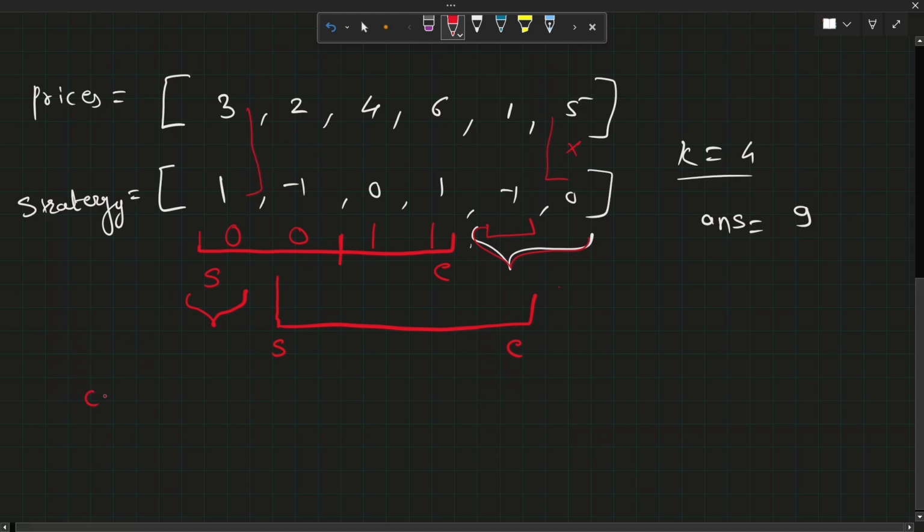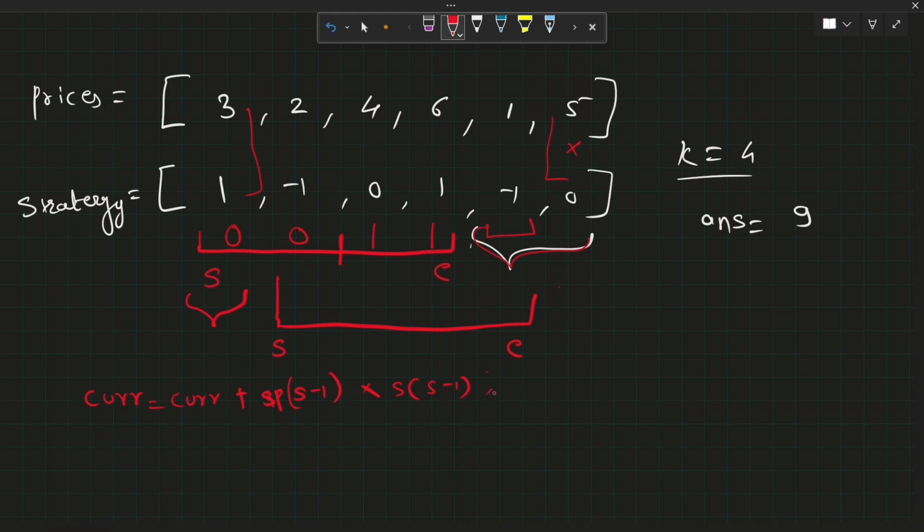So our current would be current plus this start position which we got rid of, which is the previous start, or I would say s minus 1, p of s minus 1 into s of s minus 1.